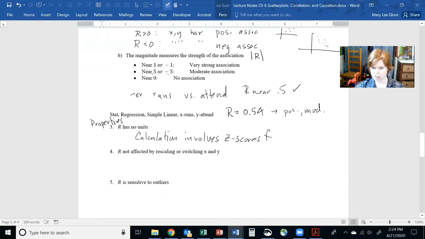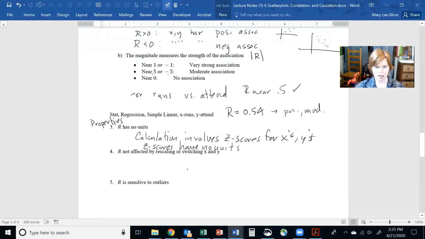I would calculate a z-score for every x and a z-score for every y. And z-scores have no units. So when I have calculations involving things with no units, there's going to be no units.